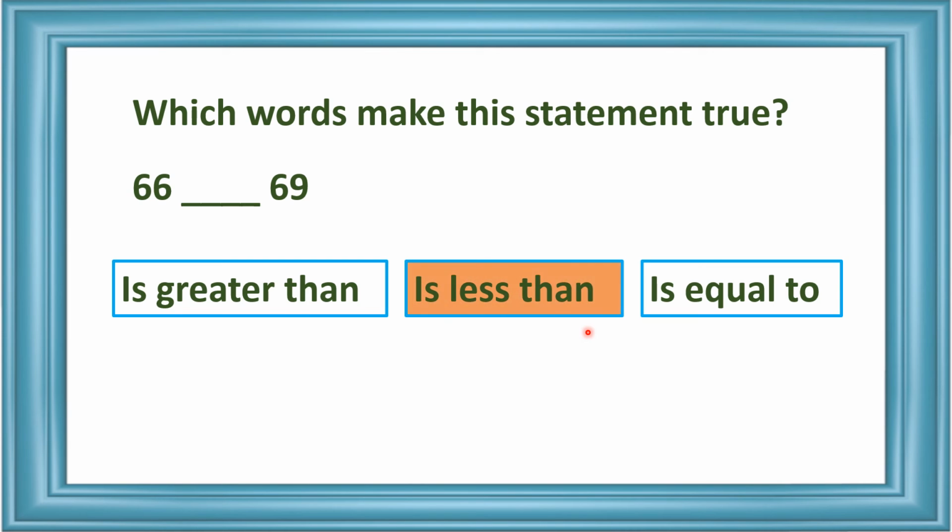Very nice. Is less than. You know that the tens are the same, but in the units, this is 6 and this is 9. 6 is smaller than 9. So 66 is less than 69. Very good.